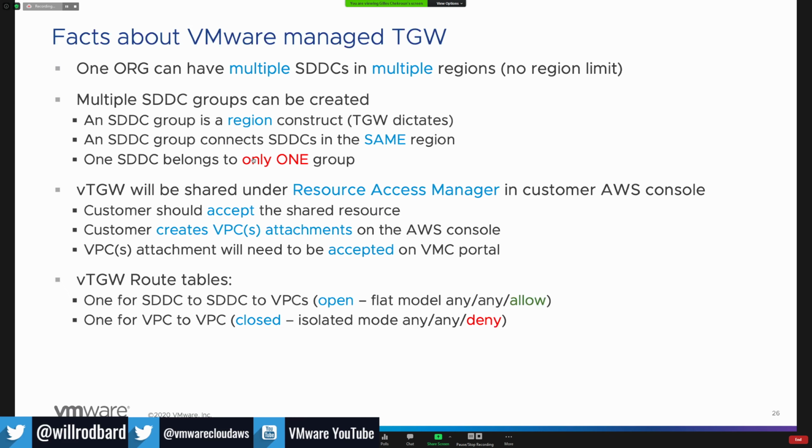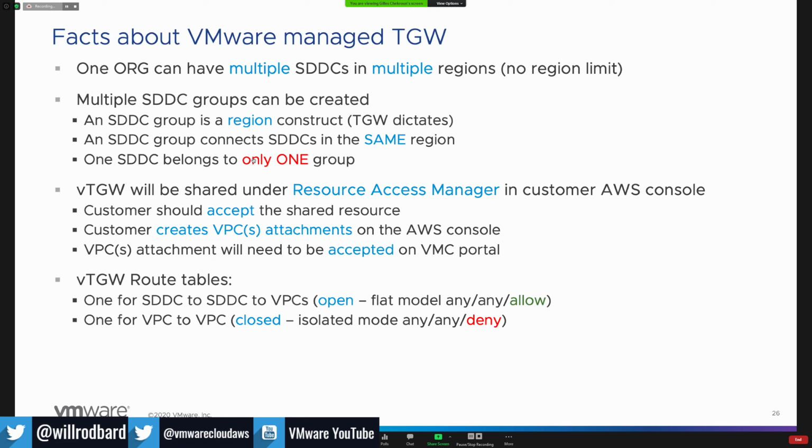We have two route tables, one for SDDC to SDDC to VPC, and that's the open, okay? It's the flat model I described at the very beginning. So everybody talks to everybody. And we have a second route table. This is one for VPC to VPC, and this is closed. This is an isolated mode, and this is only any-to-any deny.